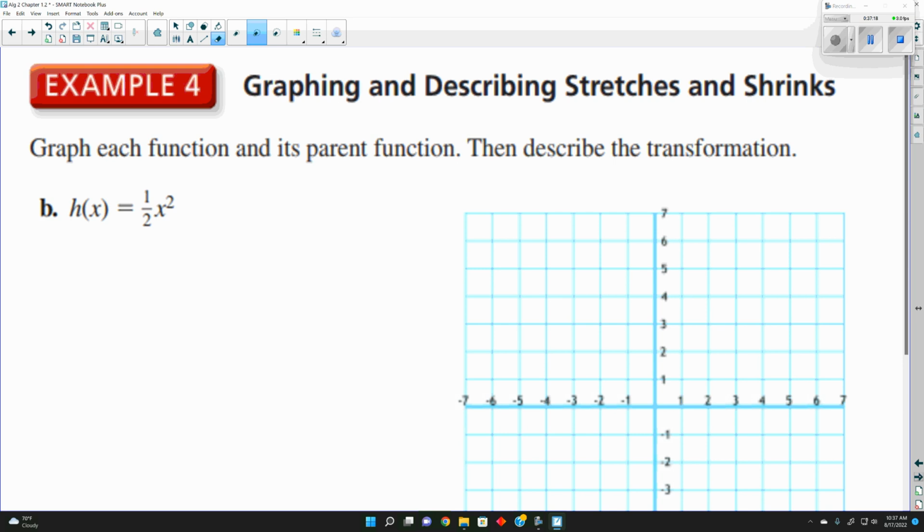So this one here, we have 1/2 in the front, yes? So this would be what? Yes, it'd be a vertical shrink of what?